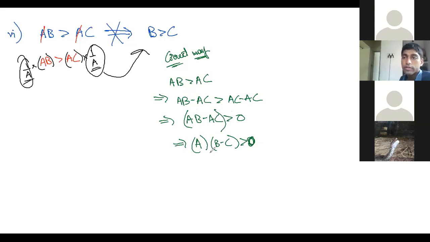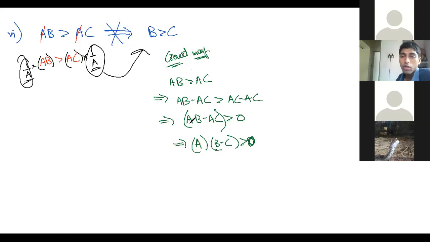Sir, the sign within B minus C can change if the sign of A changes. Like if it is plus, then it will remain as B minus C. If it is minus, then it will be B plus C. See, they are not depending on each other, first of all.